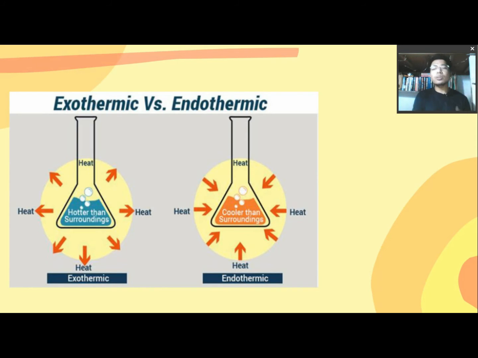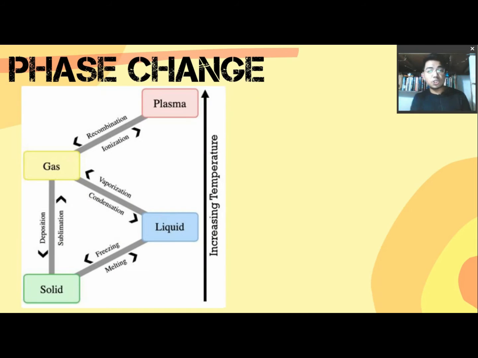Now, how are we going to apply this with the phase change? Okay, there are actually different concepts involved in the change that is happening on different substances. As you can observe here, we have a certain type of line or an arrow that shows that whenever the temperature is increasing, the state of matter basically changes.